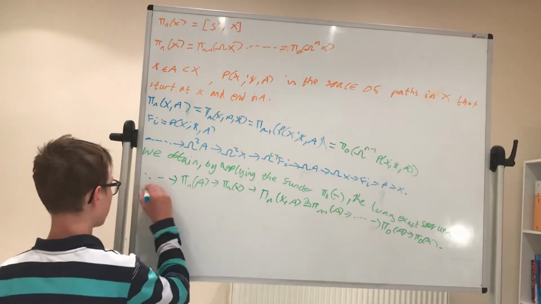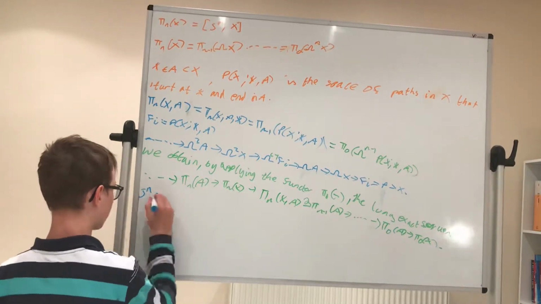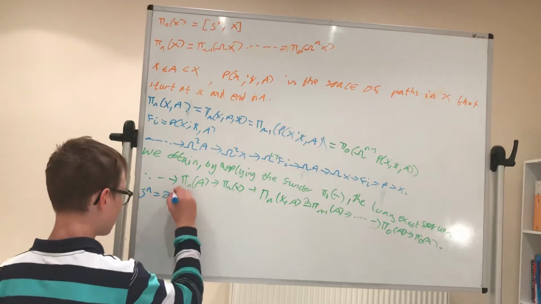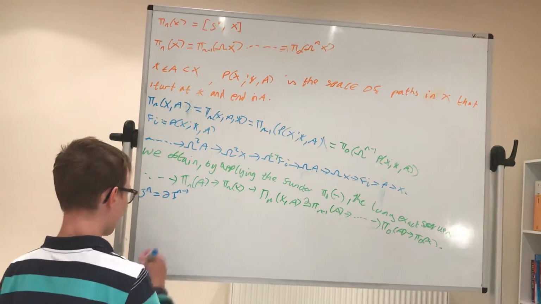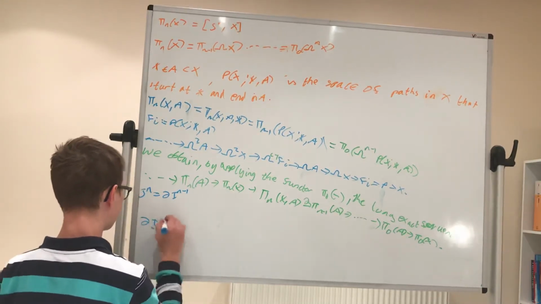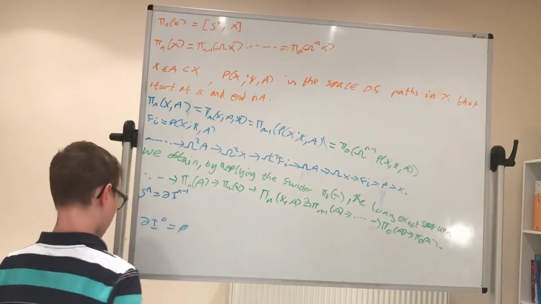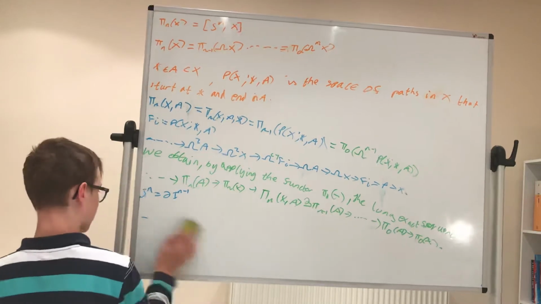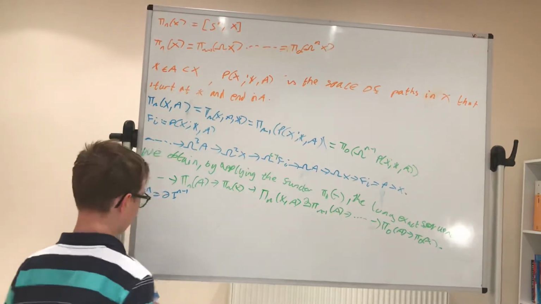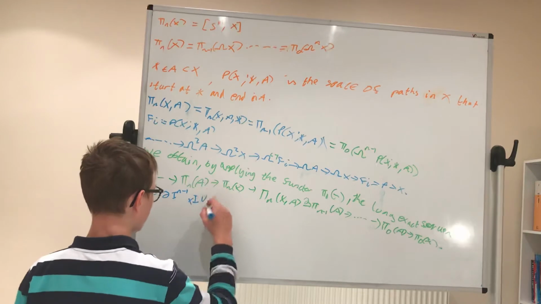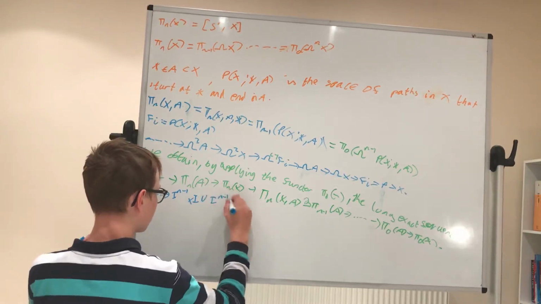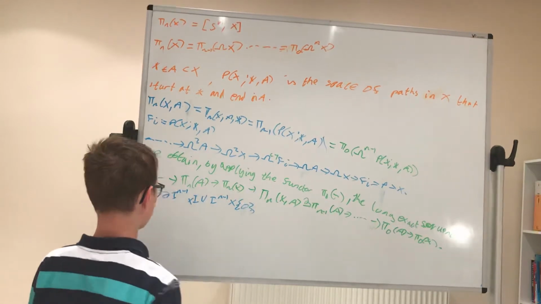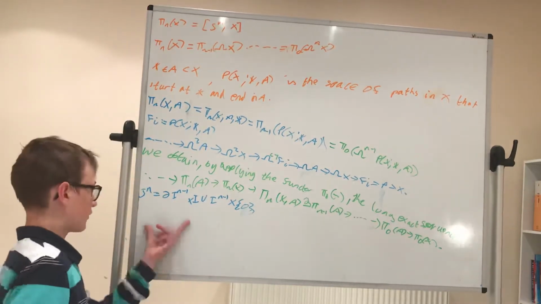So J n, this is the common notation for it, I believe, is defined as the boundary of I n minus 1, with the convention that the boundary of I 0 is the empty set, we have the boundary of I n minus 1 cross I union I n minus 1 cross 0. Alright, so this is what J is.